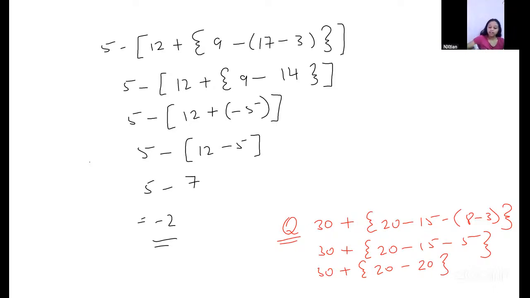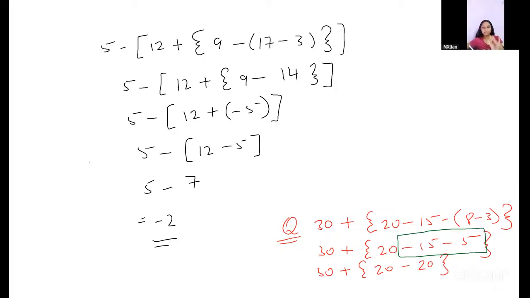Now, take a look at this portion. In the curly bracket, I have one value positive, but the other two are negative. I have my 20 positive, but there is minus 15 minus 5. When minus minus is there, what happens? We add them.